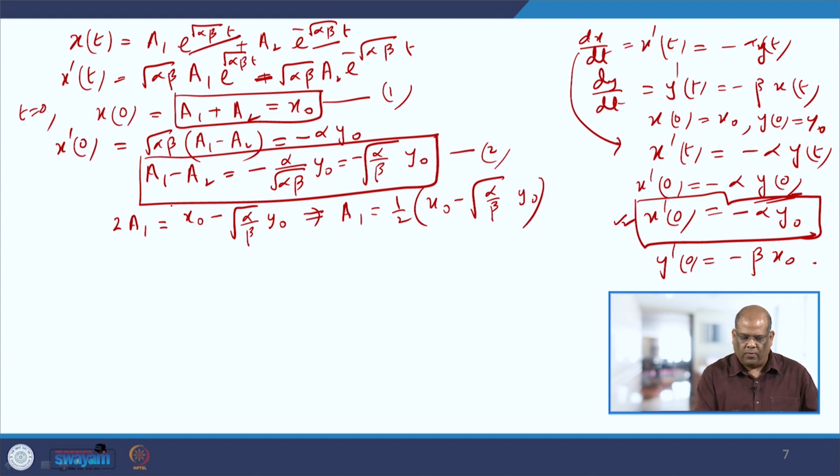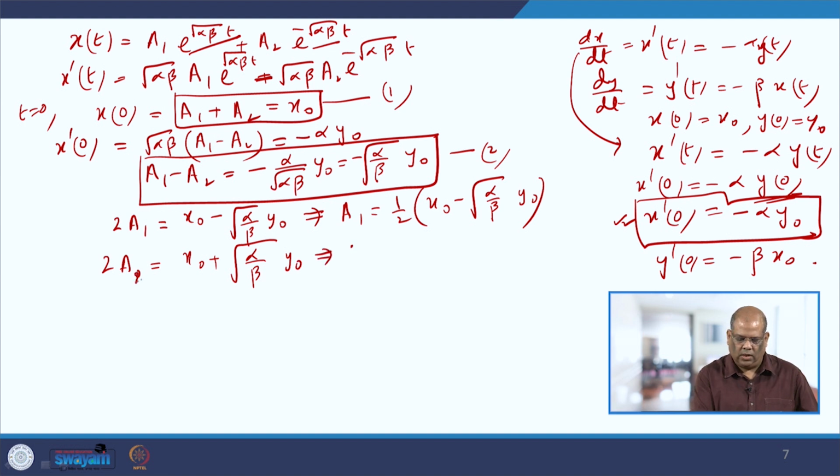And if I just subtract them, 2a2 is equal to x0 plus root of alpha by beta y0, which implies, sorry, a2 is equal to half of x0 plus root of alpha by beta y0.